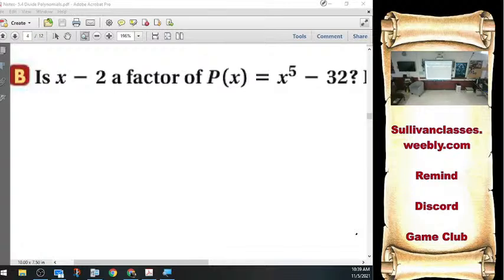Then it would be 2x to the 4th, and then minus 4x to the 3rd. And then you switch your signs, so those would cancel out, so it'd just be 4x to the 3rd.